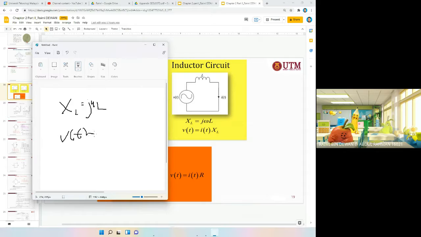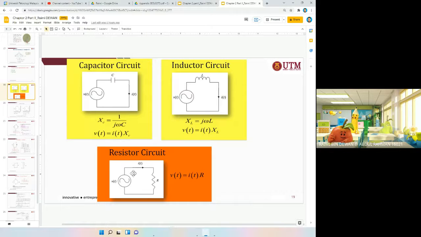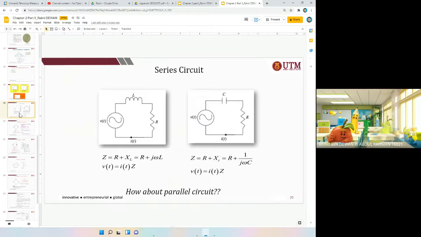Similarly, now you have the reactance due to the inductor to be input in this voltage equation, and you're going to have it like this. Then this is the resistor circuit, Vt, It, and R. This one is straightforward.